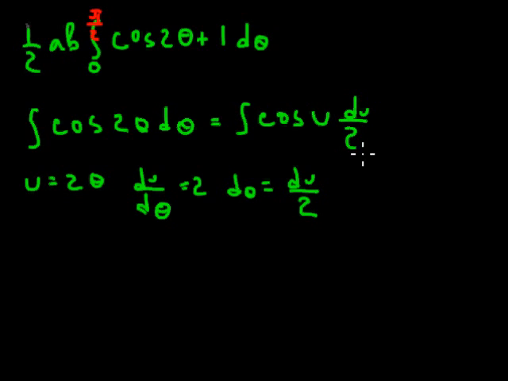We can take this 1/2 and factor it out up front, and we get 1/2 integral of cos u du.